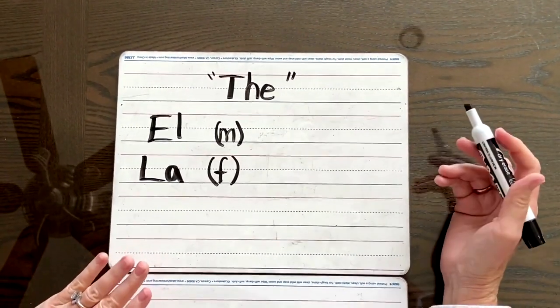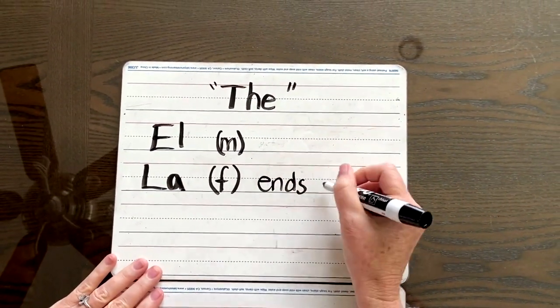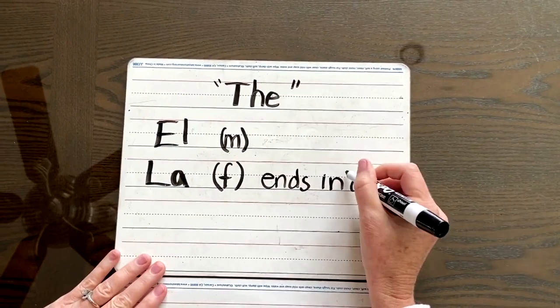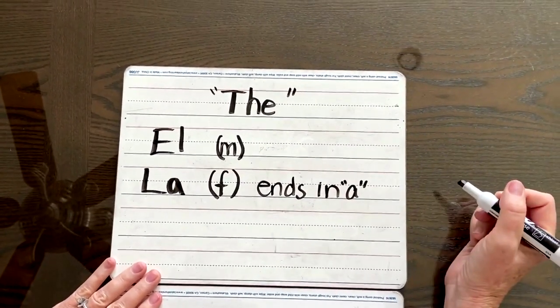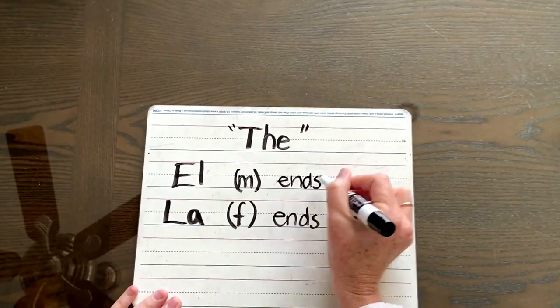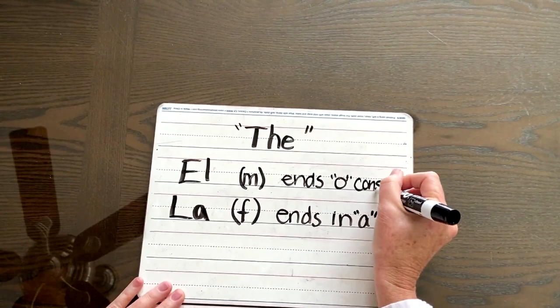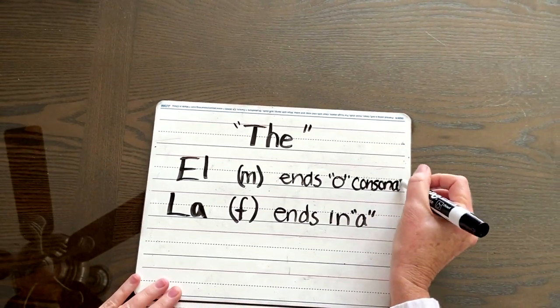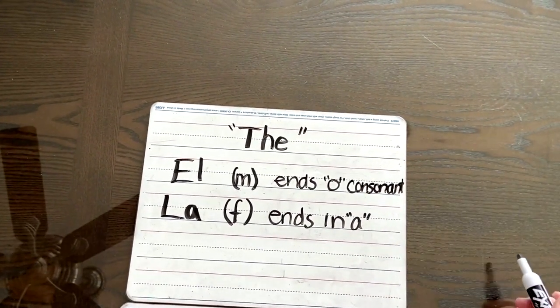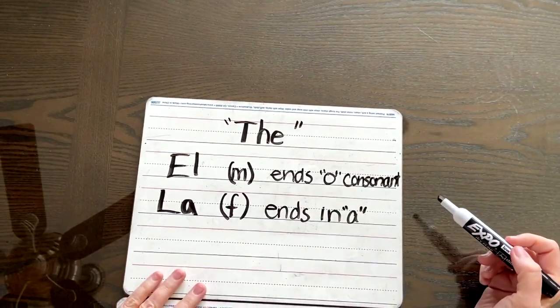The rule of thumb would be if it ends in A, it's a feminine noun, like puerta, right? If it ends in O or another consonant, it's masculine, and we would say el, right? So el borrador, right?